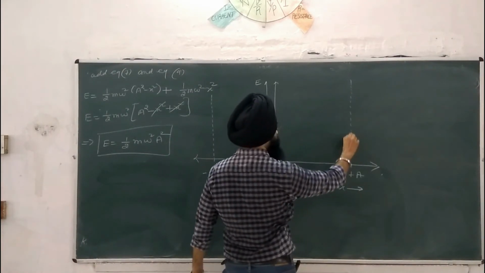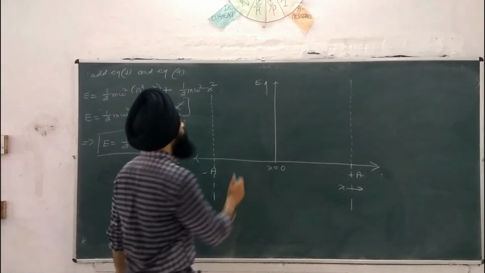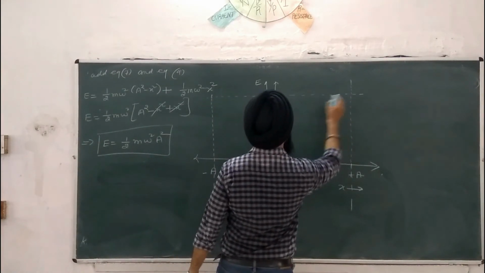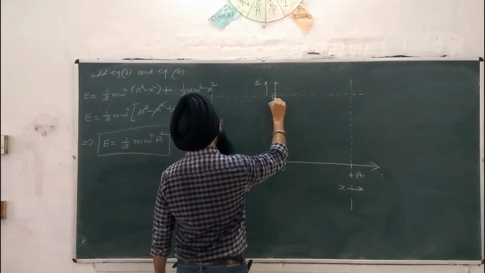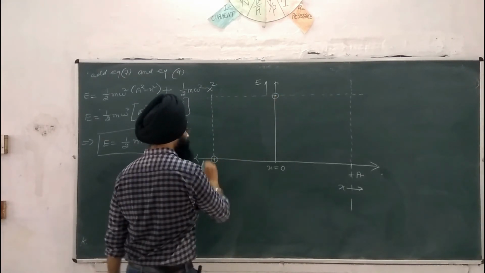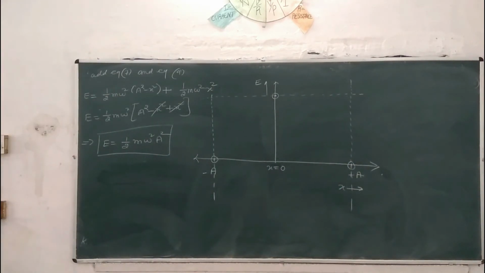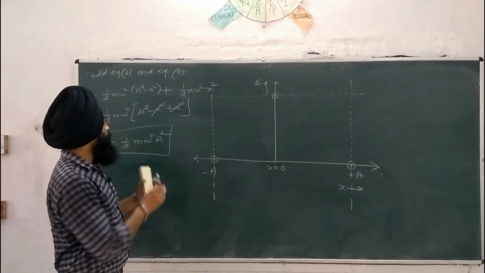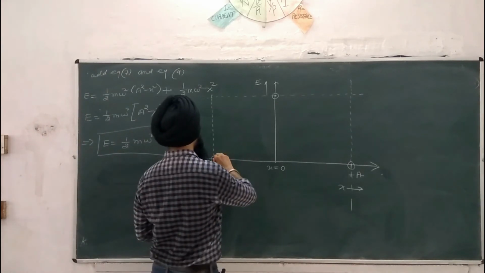If you see the expression for kinetic energy, it is maximum at the mean position and minimum at the extreme positions. By looking at the expression for kinetic energy, it is a parabolic graph.